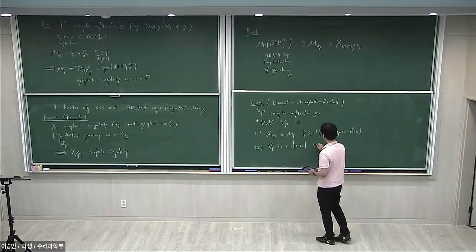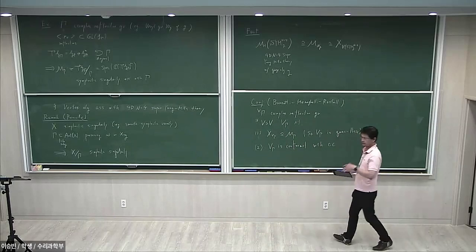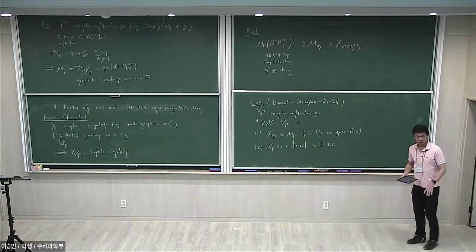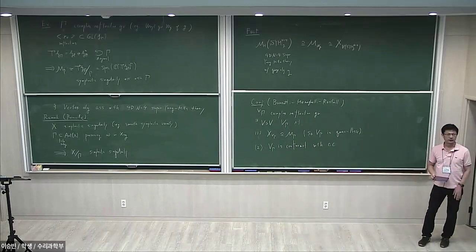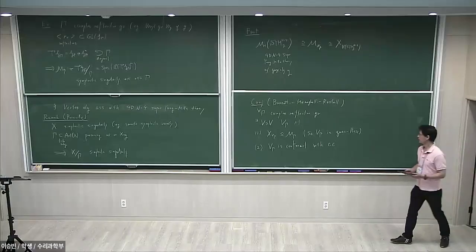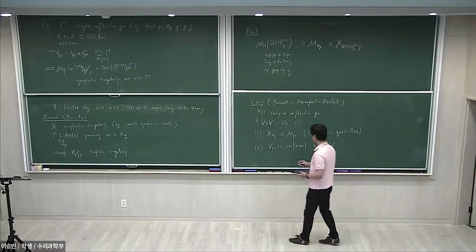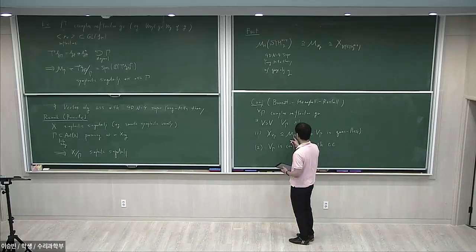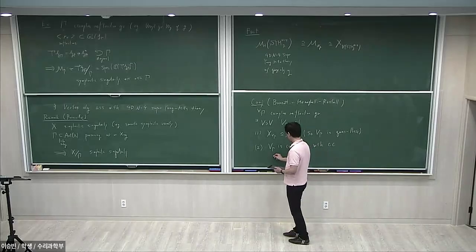Conformal means there's an action of a Virasoro algebra with a certain central charge. And this central charge is determined by this complex reflection group.